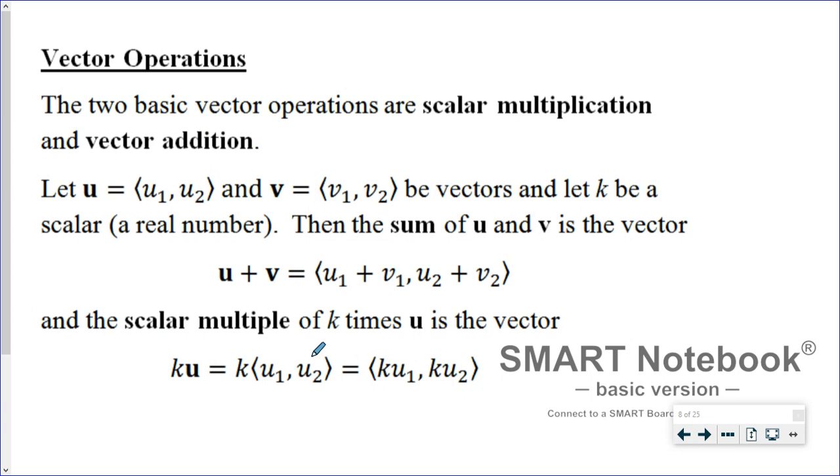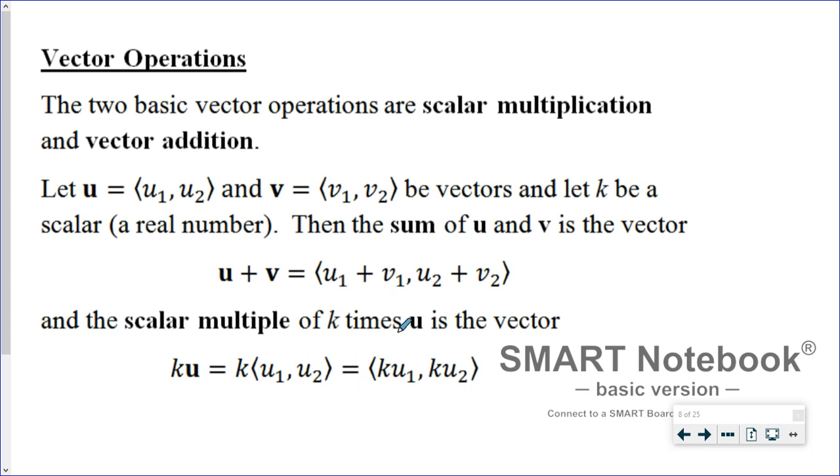The two basic vector operations are scalar multiplication and vector addition. So if we have two vectors, vector u equal to u1, u2, and vector v equal to v1, v2, and k is a scalar, which is just a real number, then the sum of u and v is the vector u plus v, where we add their first components to get the first component of the sum vector, and add their second components to get the second component of the sum vector.